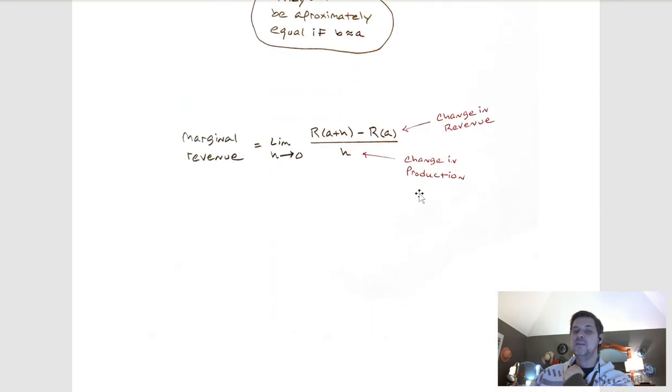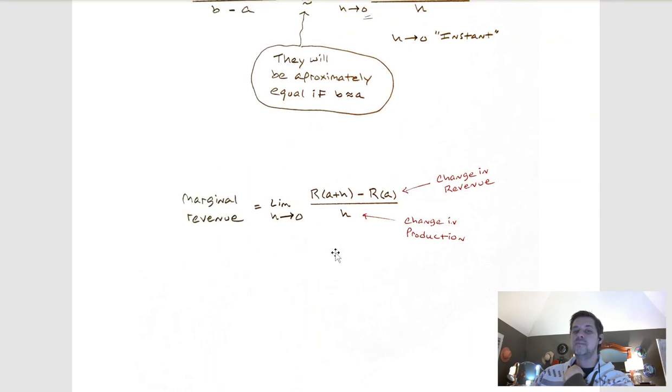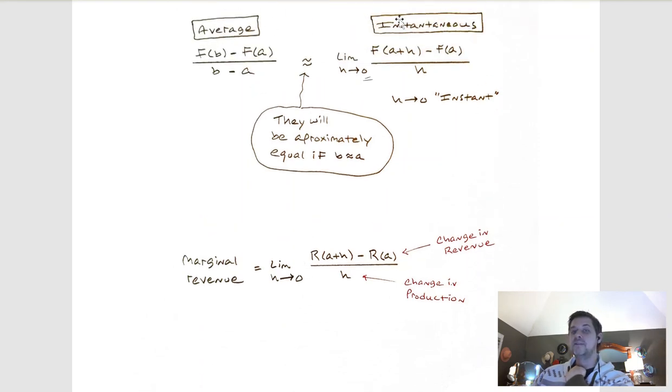On my next video, I'll do this example with the marginal revenue. And I will get $2.2 per unit. So yeah, the average and the instantaneous, though different than each other because of the limit, you'll find are approximately the same if B and A are close together.